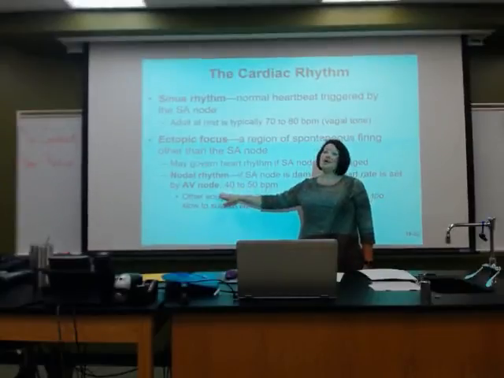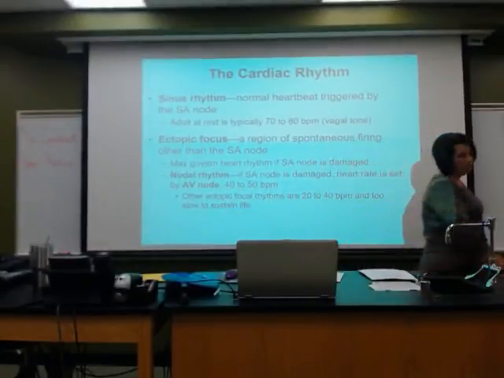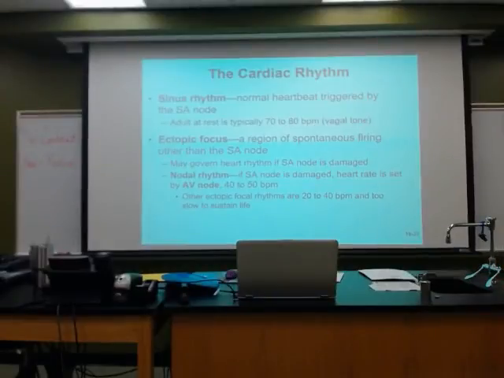If the AV node becomes the area to start the pacemaking of the heart, usually the beats per minute drop down to about 40. What's the problem with that? Now, if we can't survive like that, what is it that's not making us survive?